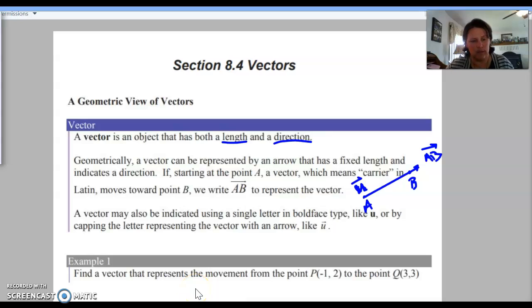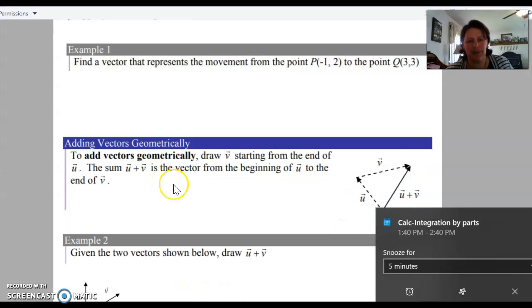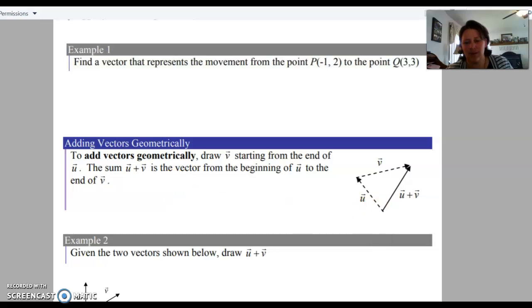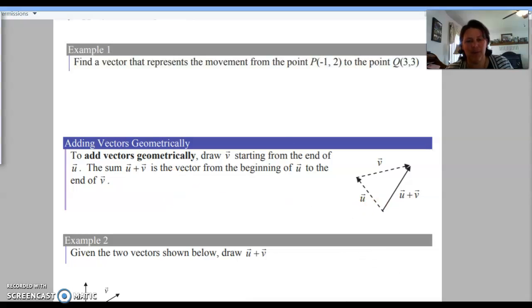All right, let's move on to example number 1. Find a vector that represents the movement from point P, -1, 2, to the point Q, 3, 3. And all they want is just the physical image of this one.